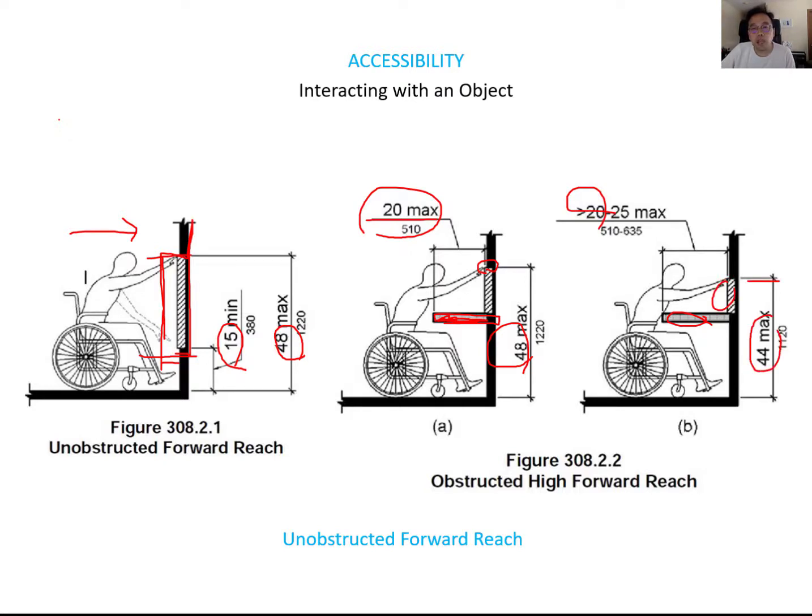So when you're designing any kind of reaching space, such as any cabinet or any kind of shelving, the shelving has to be designed within this boundary, depending on this extrusion dimension.